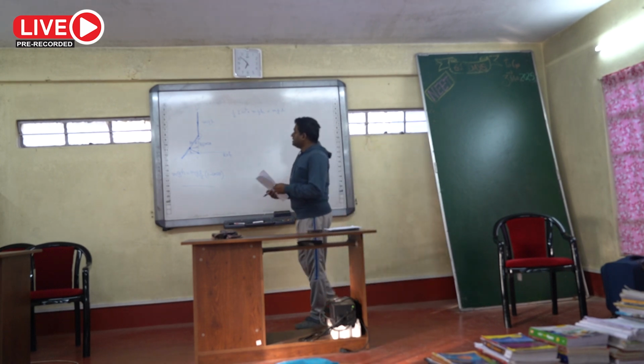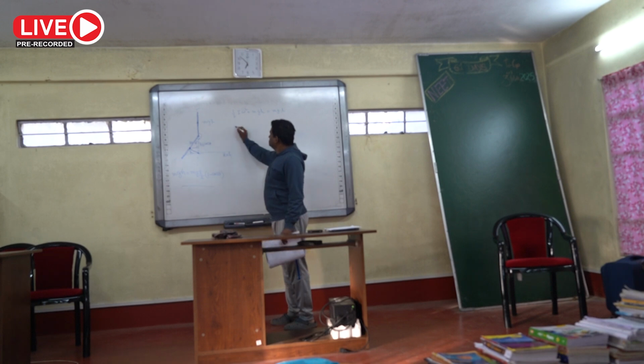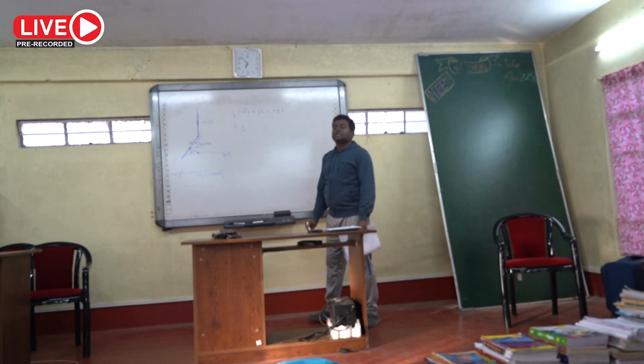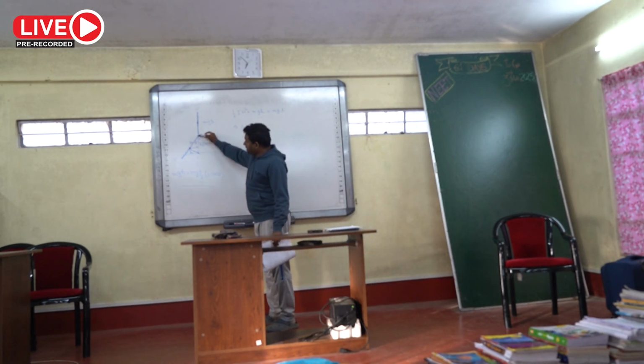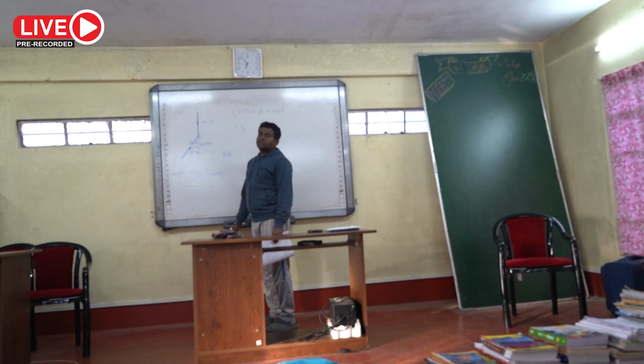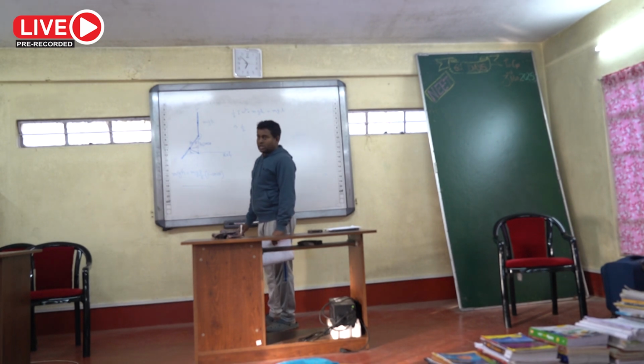So now we can write this as half I omega square. Now I is calculated with respect to this point because this is the axis of rotation. So about this point, the moment of inertia is 1 by 3 mL square.